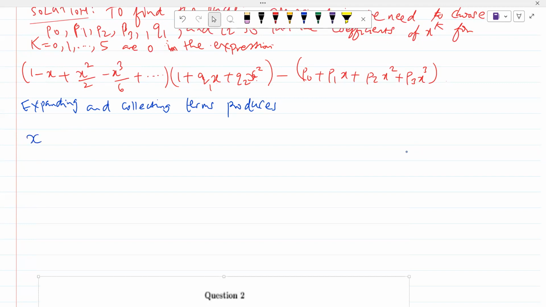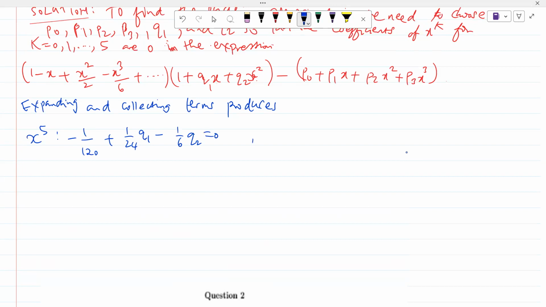So you'd have x to the power 5, for example. If you expand everything and add all the terms up, x to the power 5 is going to be minus 1 over 20 plus 1 over 24 q1 minus 1 over 6 q2 is equal to 0.